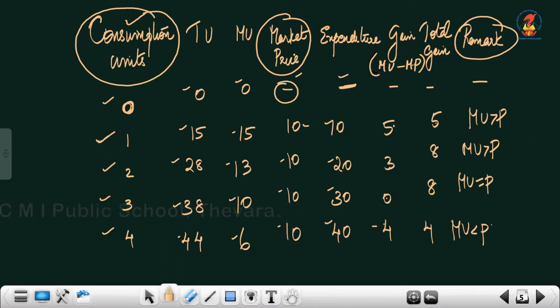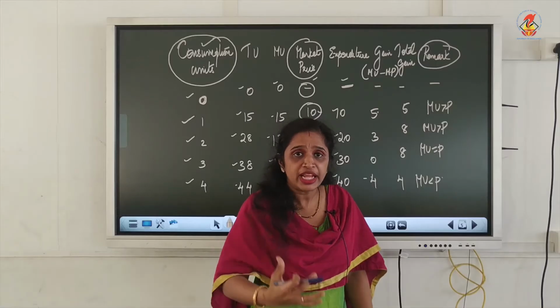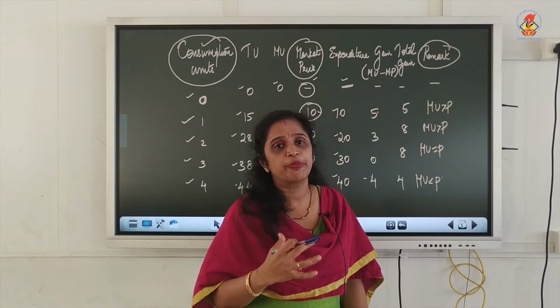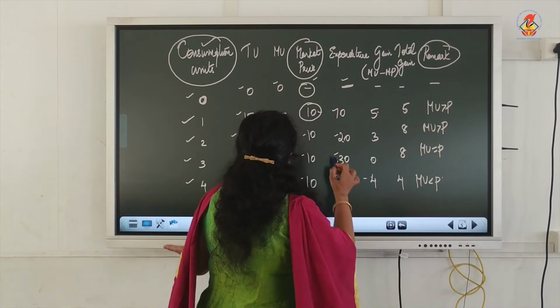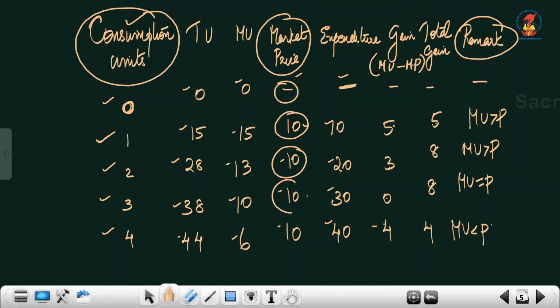Now, for 1 chapati the market price is 10. If you are buying any number of chapatis, the price of 1 chapati will be 10, isn't it? Market price therefore always remains the same. If you are buying 1 chapati, 1 into 10 is equal to 10.